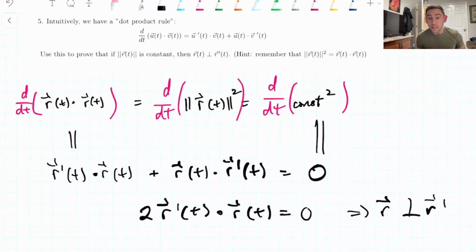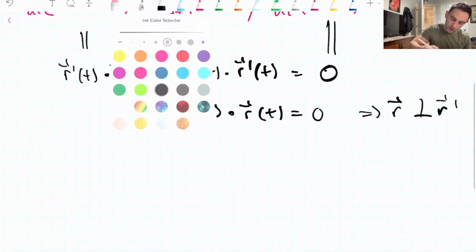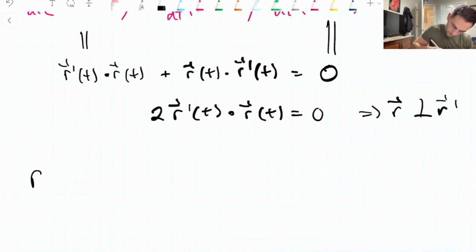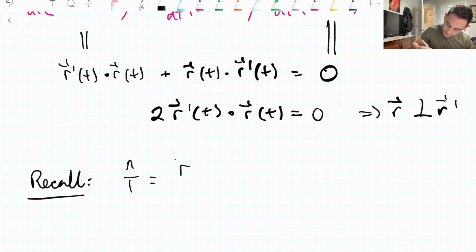Now, why this is relevant is because there are lots of vectors that we imagine as being constant in magnitude. There are important unit vectors that we use to describe the geometry of a curve through space, the first of which we introduced just the other day as being the unit tangent vector. So recall, t hat is the velocity vector divided by its magnitude, the speed.